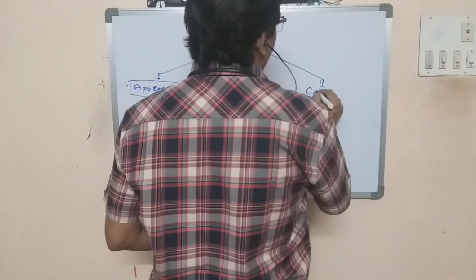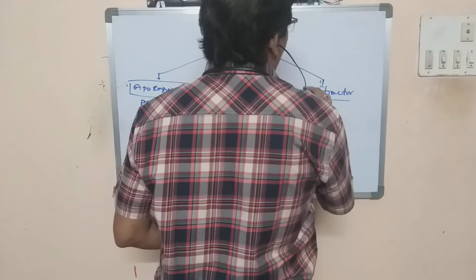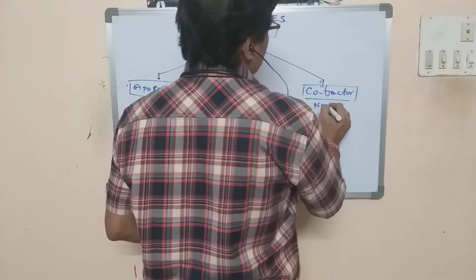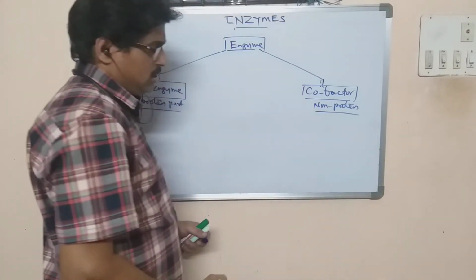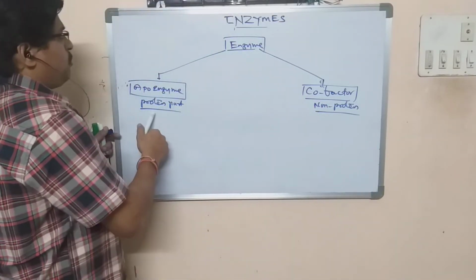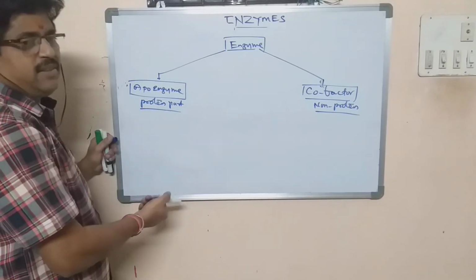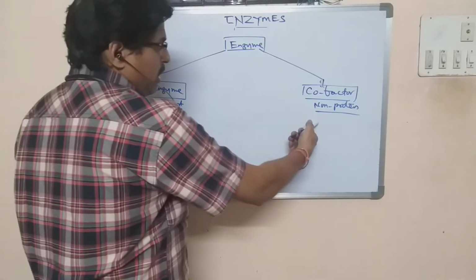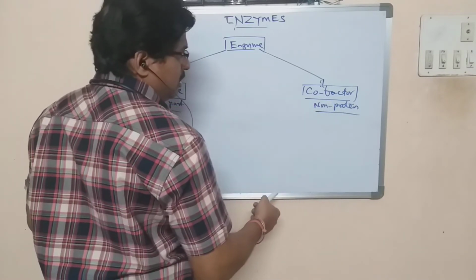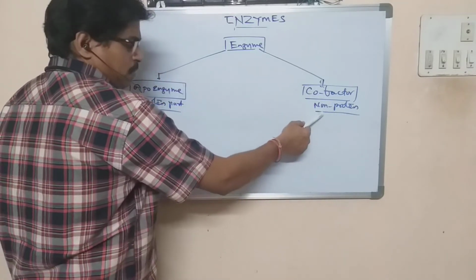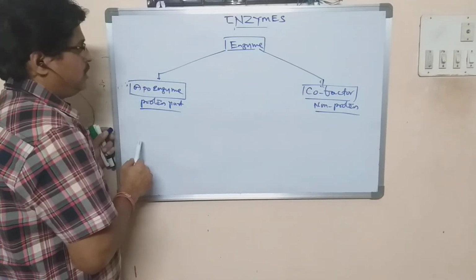The cofactor is a non-protein part. The protein part, the apoenzyme, has amino acid sequences, but this non-protein part has no amino acid sequences. This non-protein part, the cofactor, cannot act without the apoenzyme or protein part.